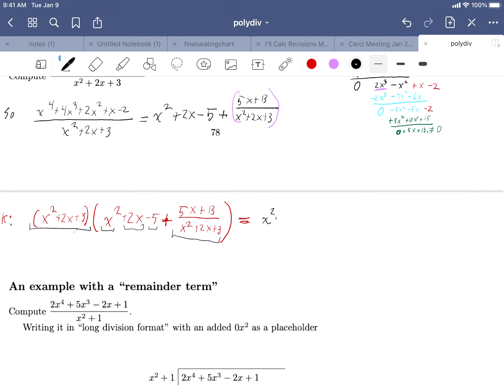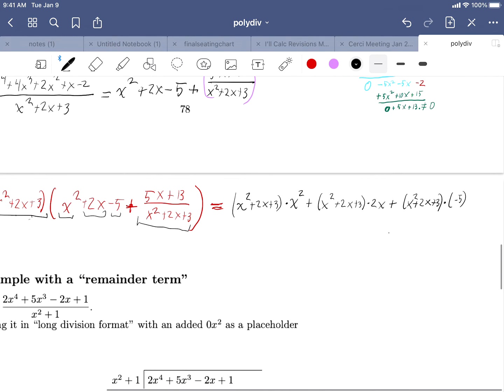So doing that, I have enough space. There's x squared plus 2x plus 3 times x squared, plus x squared plus 2x plus 3 times 2x, plus x squared plus 2x plus 3 times negative 5, plus x squared plus 2x plus 3 times 5x plus 13 all over x squared plus 2x plus 3.